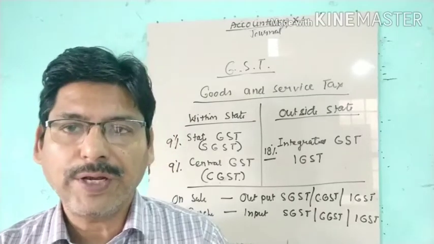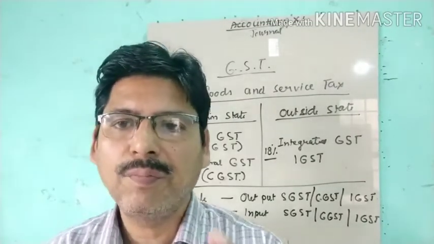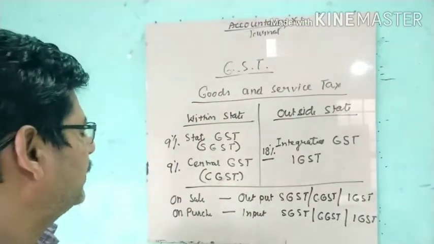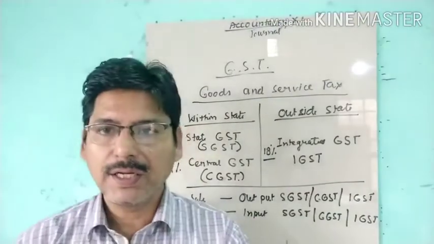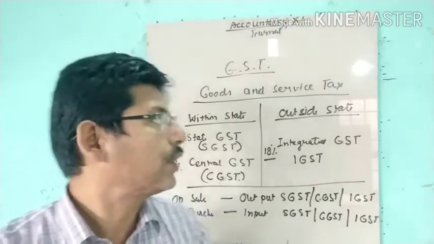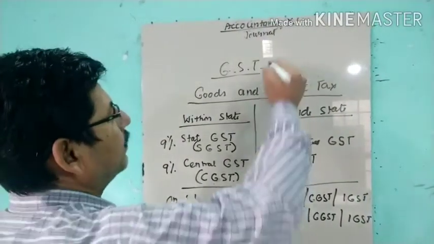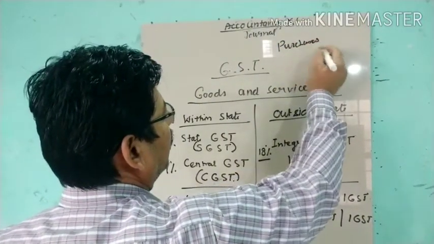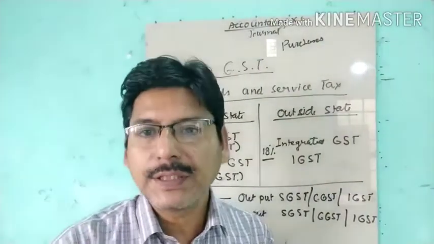Now if we buy some goods, what will the journal entry be? When we buy the goods, the purchases account is debited, and along with that purchase we will have to pay some GST also.